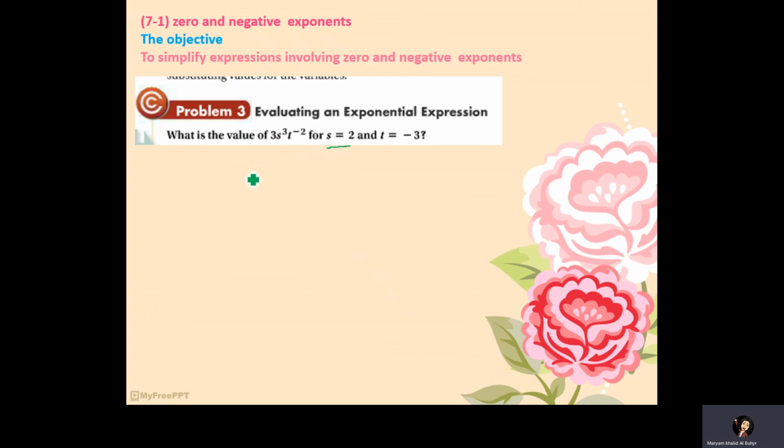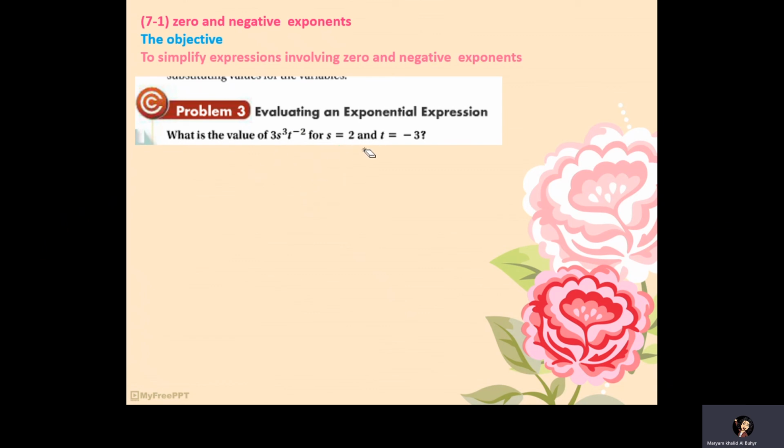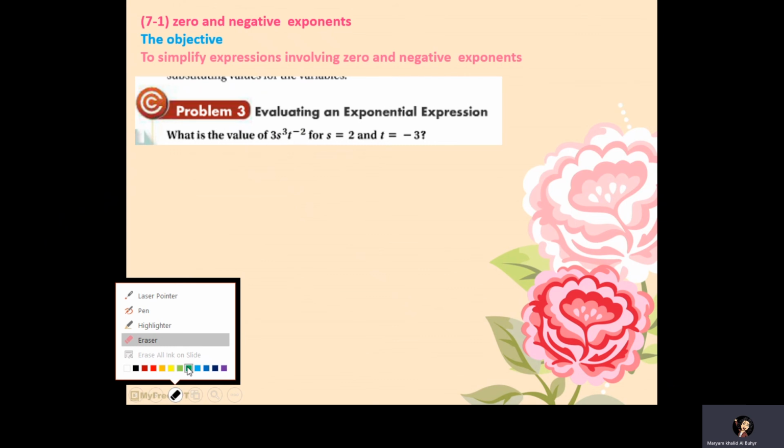So here we have 3s, it's given 2, so you will put parentheses, 2 to the power 3. Sorry for that. Here, if you have something like this, I really encourage you to simplify first, then, if you have negative power, then substitute.